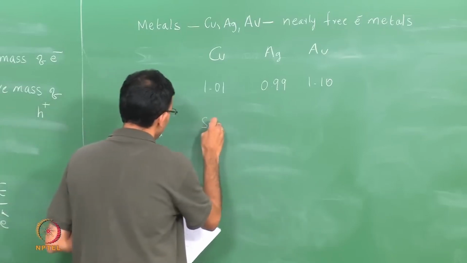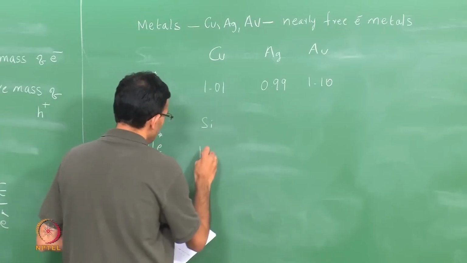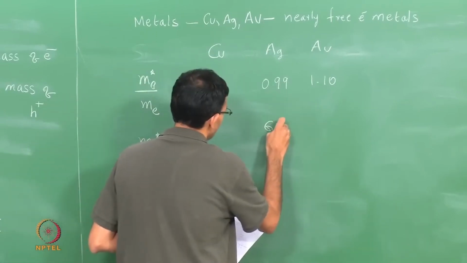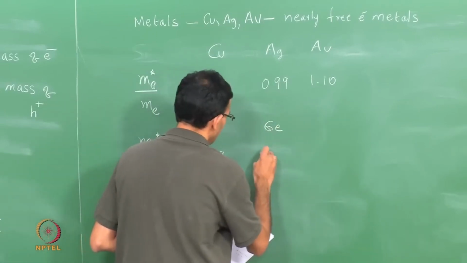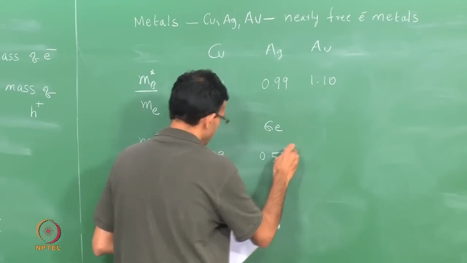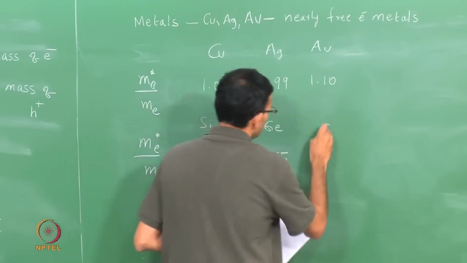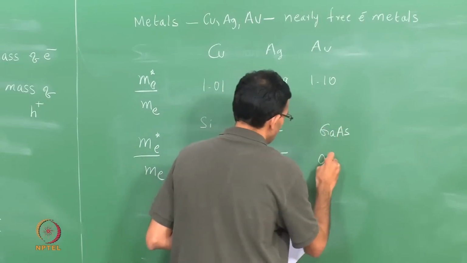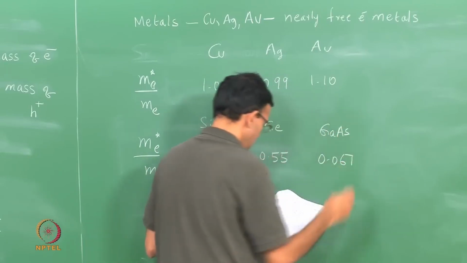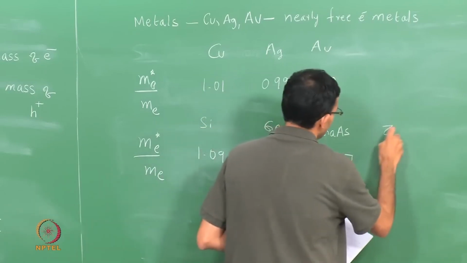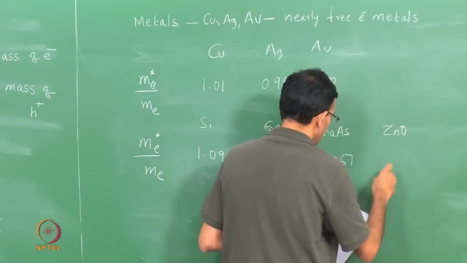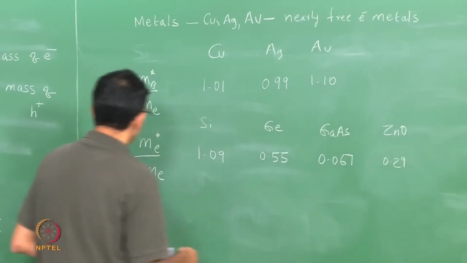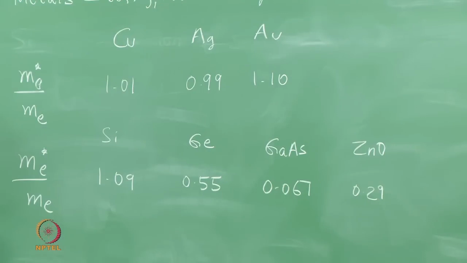So, you have silicon, typical value is 1.09, germanium which is around 0.55, gallium arsenide 6.7, zinc oxide 0.29. You can also look at the effective mass of the holes.